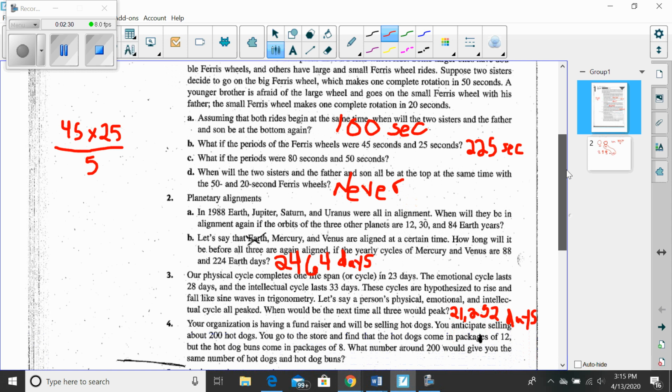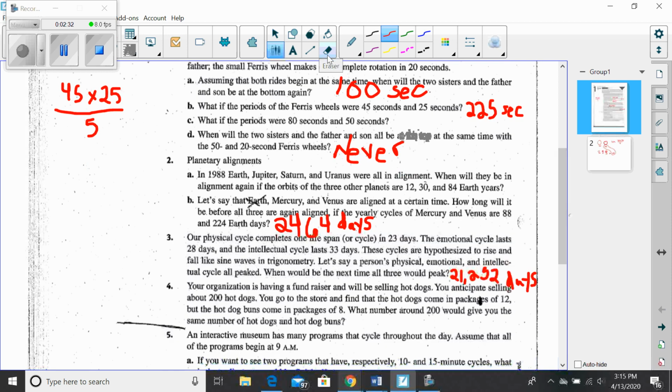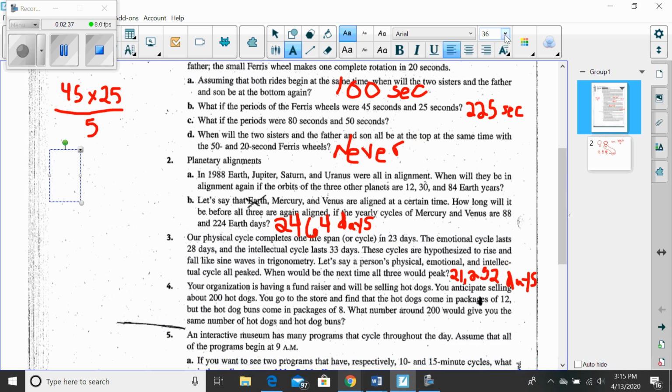I might have mentioned that D is a trick question. Usually I give the hint when we're doing this that there is a trick question in here. What happens in letter D is, if we're talking about when they will all be at the top, not the bottom, then for the 50-second ride, you're at the top at 25 seconds, and again at 75 seconds, because 50 seconds later, 125, you're at the top again, 175, you're at the top again.